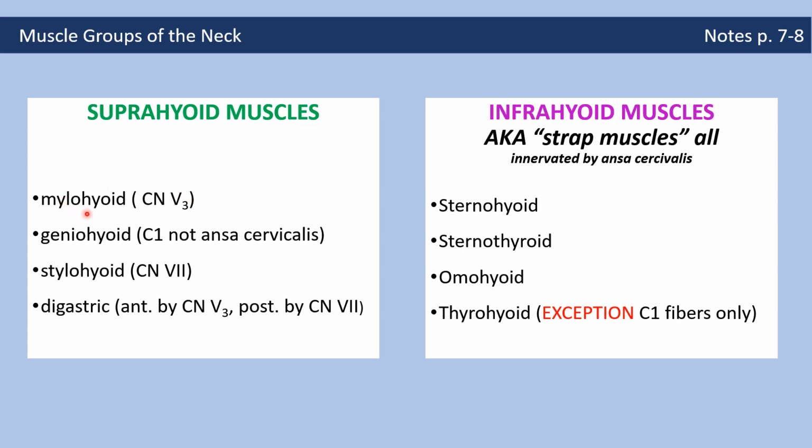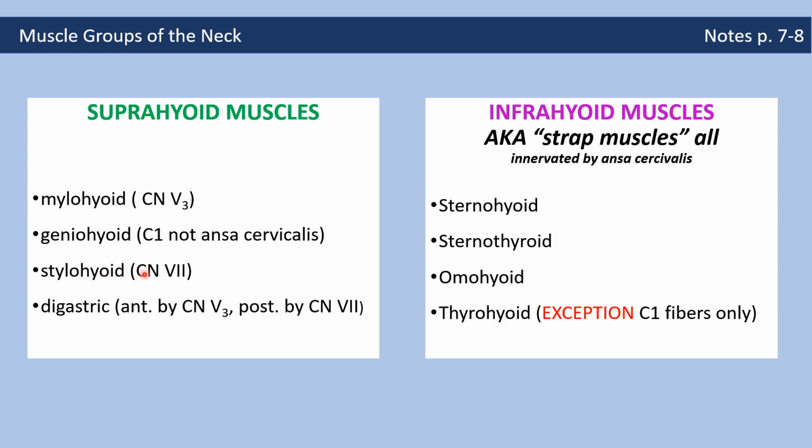So whenever you are referring to the trigeminal nerve and its innervation of a particular muscle, then you know automatically that we're talking about the third division of the trigeminal nerve, which is the mandibular division. The geniohyoid, genio meaning chin, is innervated by C1 fibers that are not a part of the ansa cervicalis, just like our thyrohyoid was in our infrahyoid group.